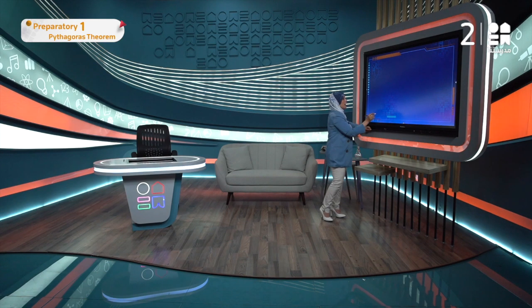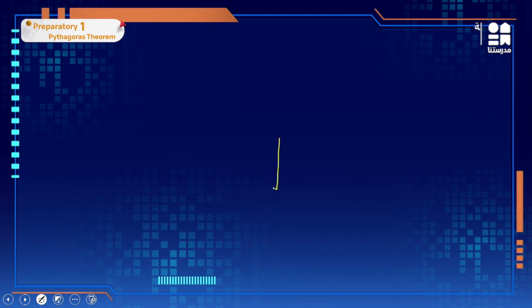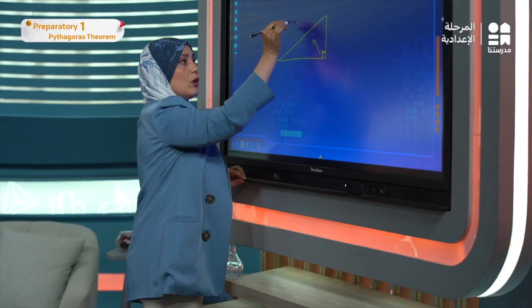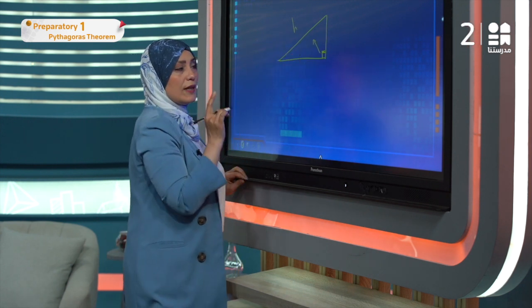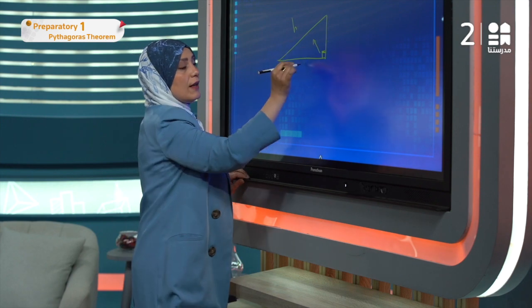Now, when you have any triangle, and this one is a right angle, which is 90, the opposite side for it is called the hypotenuse. The other two sides are called legs. So this one is leg and leg.